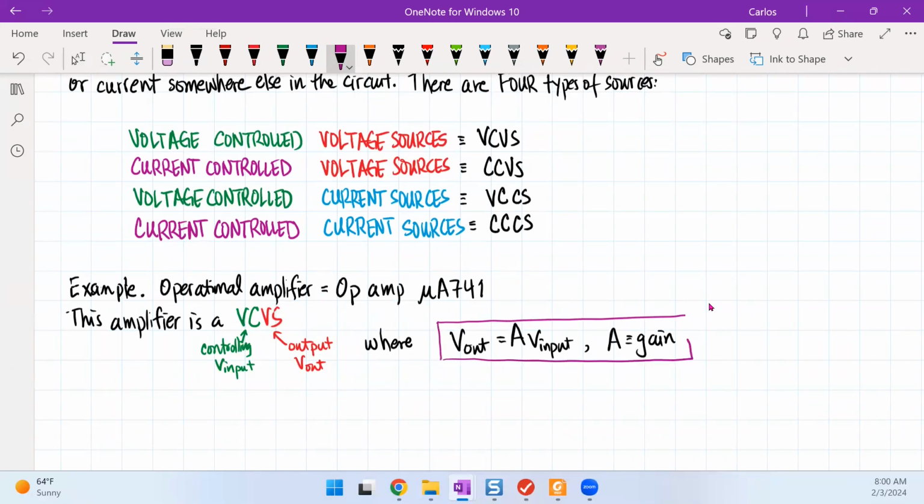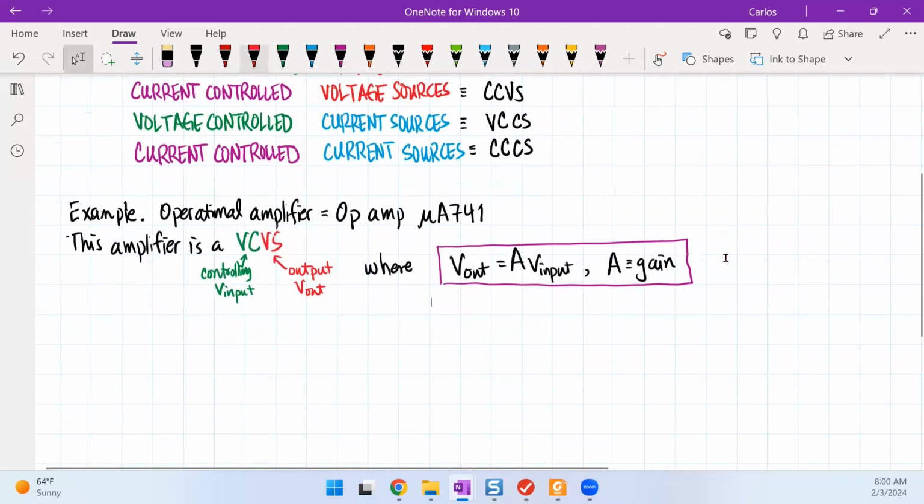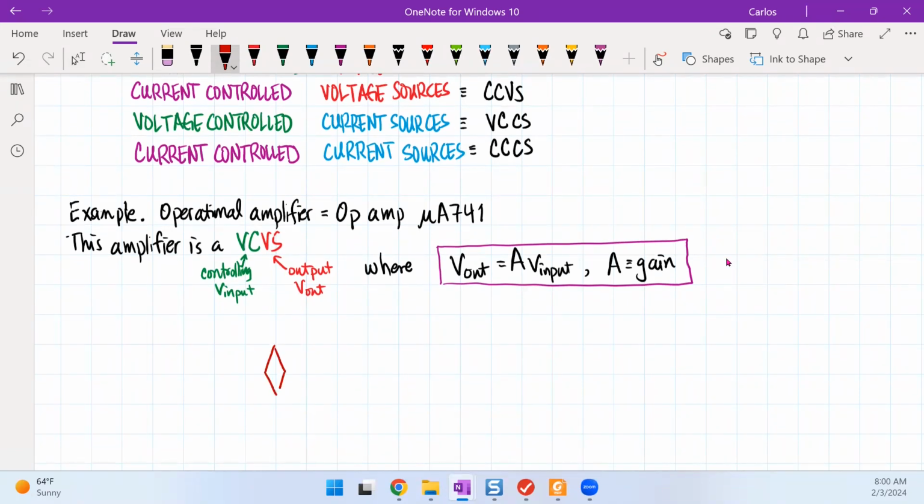So all amplifiers should work linearly in this course. So picture-wise, what do we see here? What we have here is that we identify a dependent source with a diamond, and it has plus and minus just like anything else. So this guy is going to be our output voltage.